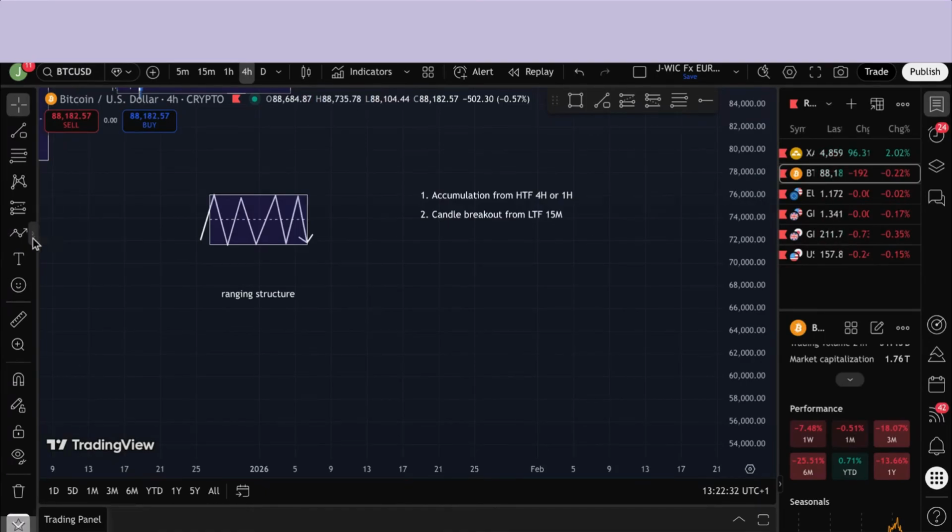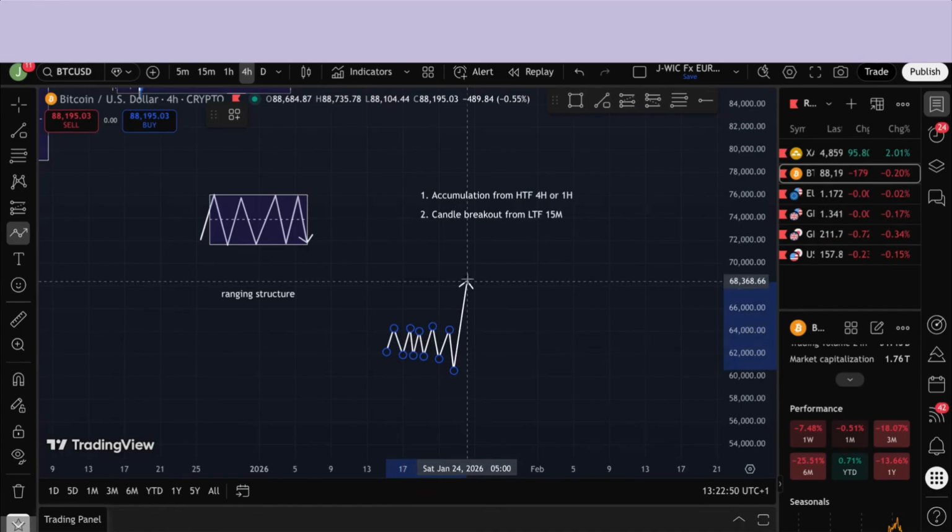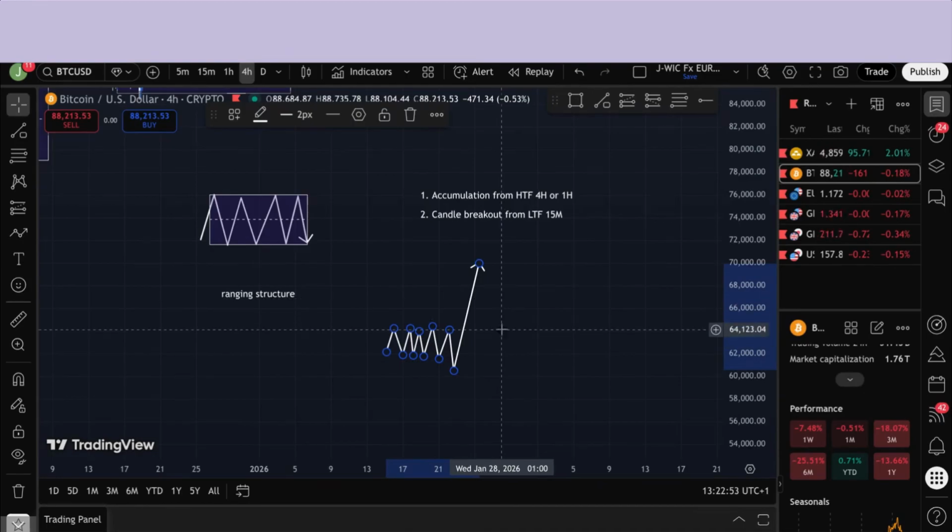What's the mechanism behind this? Once the market accumulates, which is that ranging structure you're going to see, the next thing the market will likely want to do is to manipulate, and most of the time distribute.